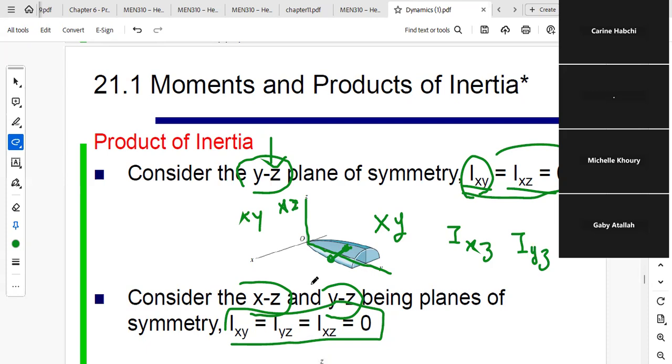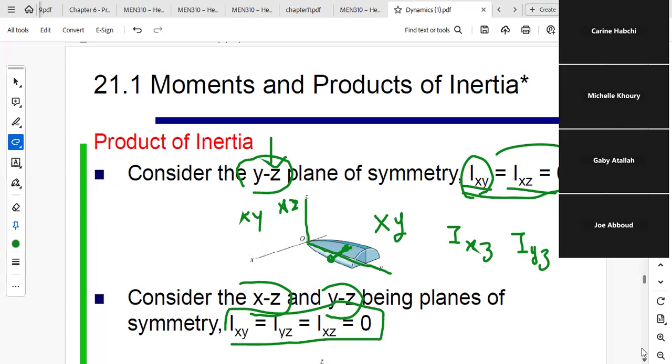That's why in general we try to put the axes in a way that simplifies the tensor. If we can select axes so that the products of inertia are 0, it will be much easier for us to solve. That's why it's important to appropriately select the XYZ coordinates.